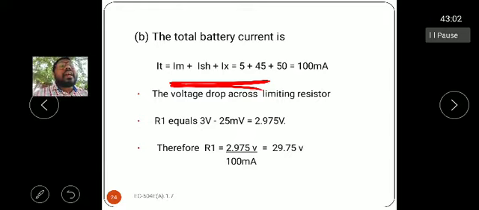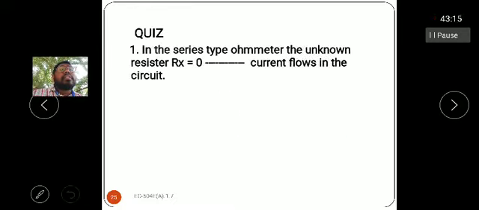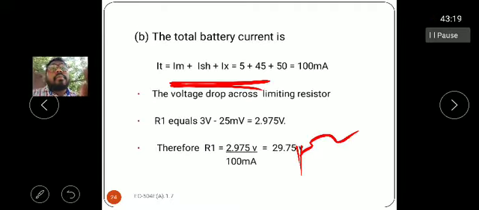That gives 29.75 ohms, not volts. This is the explanation about the problem. That means R1 is equal to 29.75 ohms.